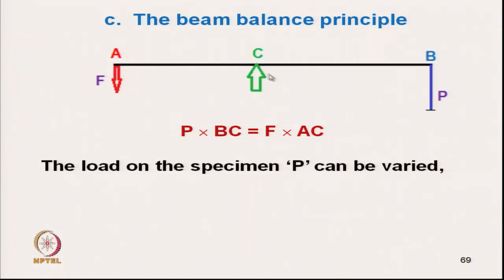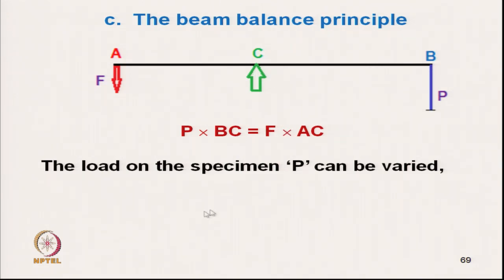BC is the distance from the pivot point to the specimen, and AC is the distance from the pivot point to the force applying point. So, this is the simple beam balance equation: P multiplied by BC equals F multiplied by AC.